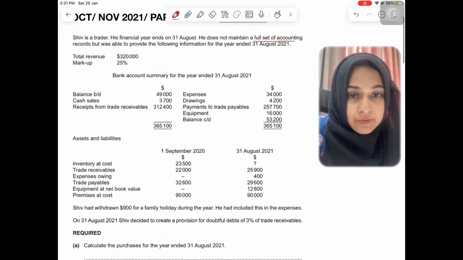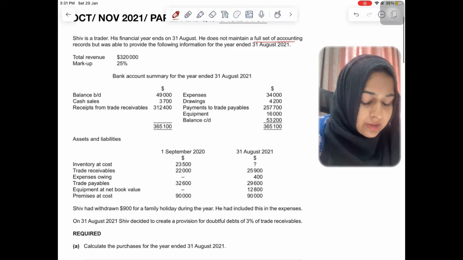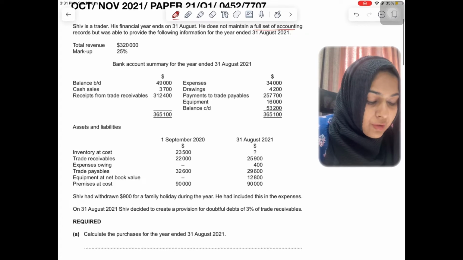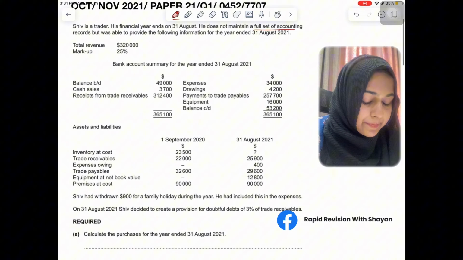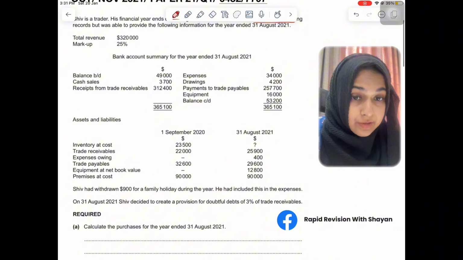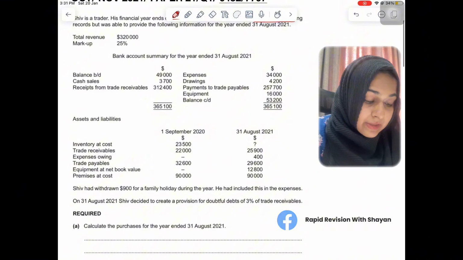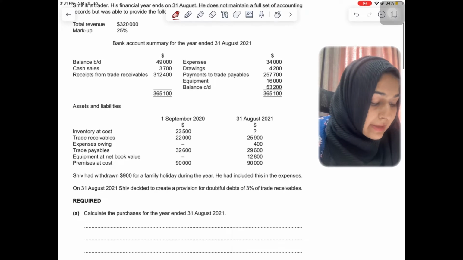They've given you total revenue, that's the first value that goes in the income statement, and then they have given you markup. They've given you a bank account summary, which has on the debit side everything, all the money that is being received. All the money that is paid out of the business is recorded on the credit side in the bank account.